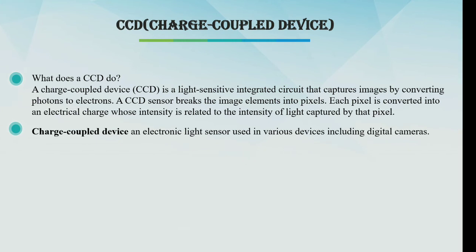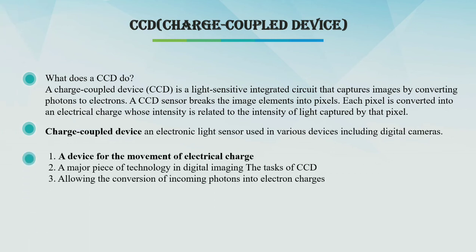Charge coupled device is an electronic light sensor used in various devices including digital cameras. It is a device for the movement of electrical charge. It is a major piece of technology in digital imaging. The task of a CCD is the conversion of incoming photons into electron charges.